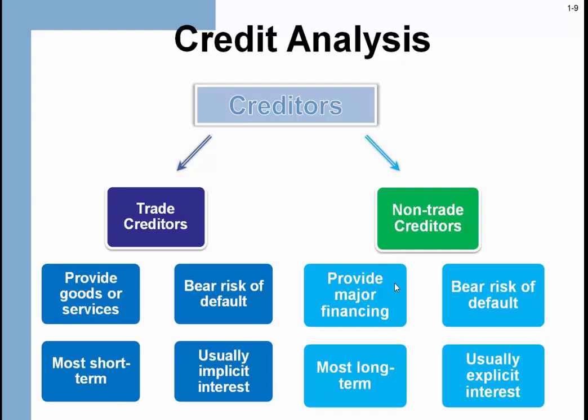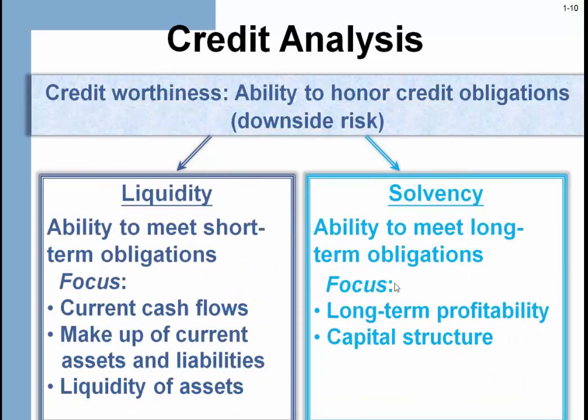And when they make their payments, they're only making interest payments. When you make a mortgage payment, you're paying interest and principal together. So there's a bit of a difference between personal and business non-trade creditors. What they're looking for is liquidity and solvency when they do this credit analysis.